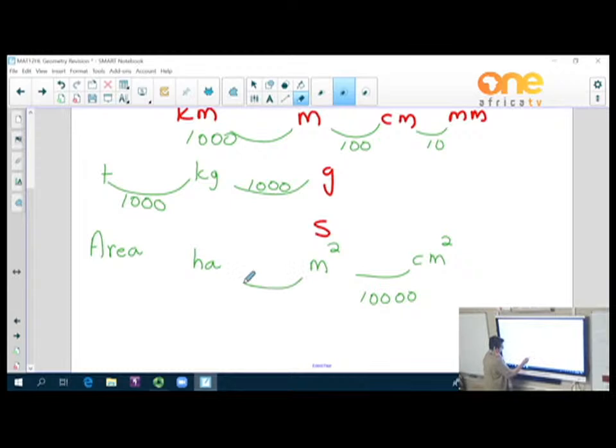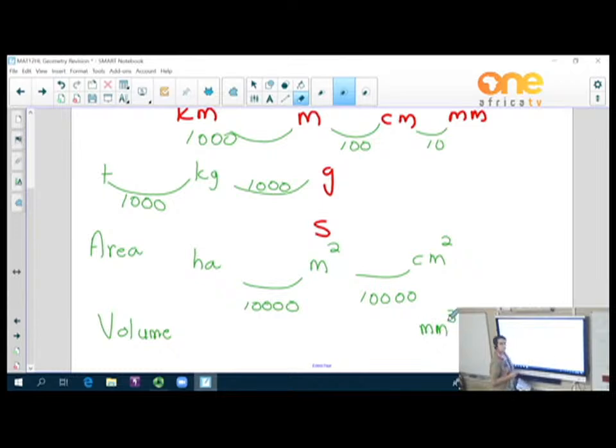And the same thing here, 10,000 square meters is 1 hectare, and you need to know those conversions there. And then the same when we work with volume. We're going to do a lot of work on perimeter, area, and volume. And then we have cubic millimeters.